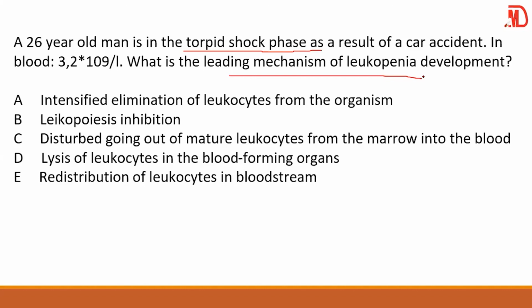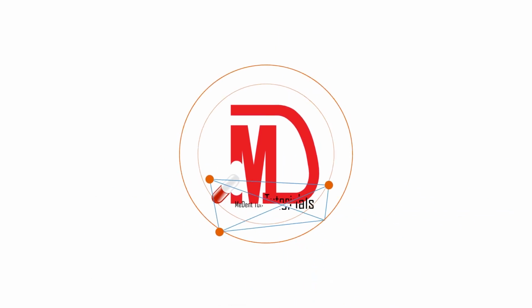Because the blood will say there's leukopenia, but actually there's leukocytosis at a particular place where there's not enough blood to sustain the body, or it serves as a compensatory mechanism for the body. So here we are looking out for a redistribution. So that is our answer. Redistribution.